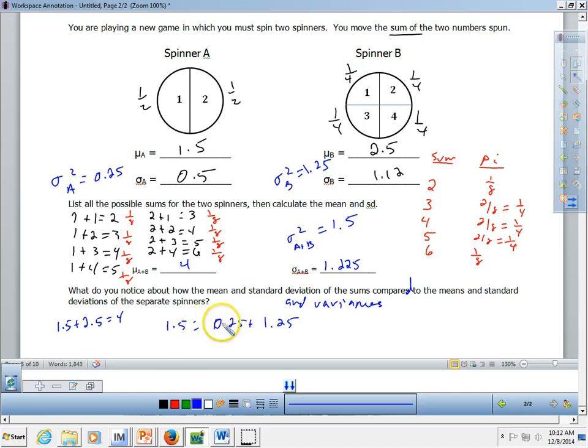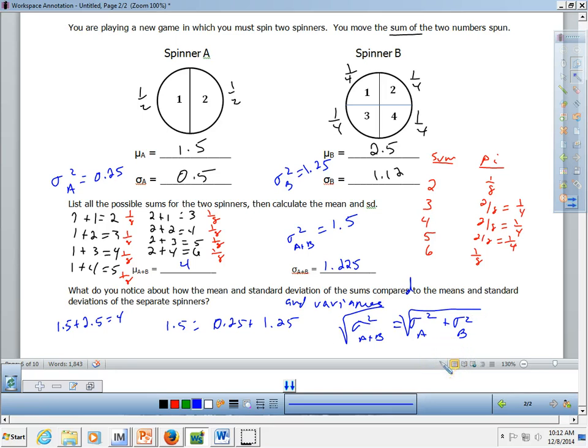What this right here tells you is that the variance for when you add the two spinners together is equal to the variance on A plus the variance on B. Now, if I want to find the standard deviation for adding the two spinners together, what do I have to do to the variance? Well, hopefully you're saying to yourself, square root it, because that's what we've been doing all along. If I square root this side, I have to square root this side. Okay?